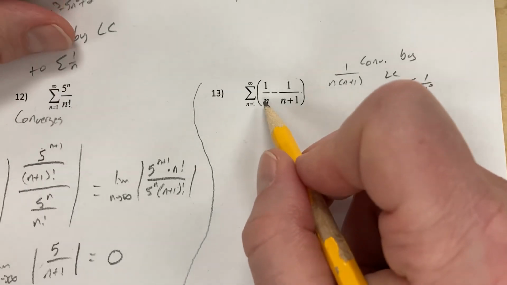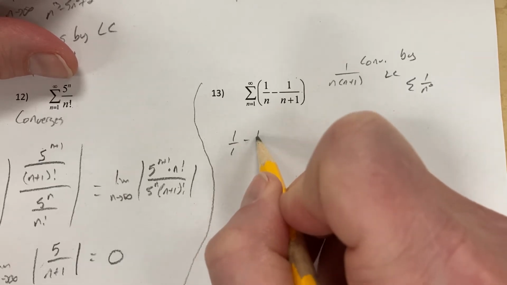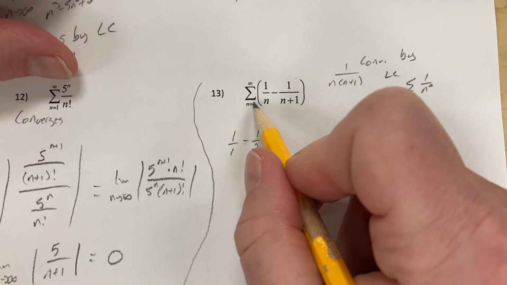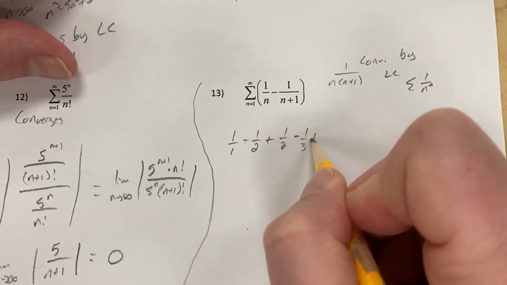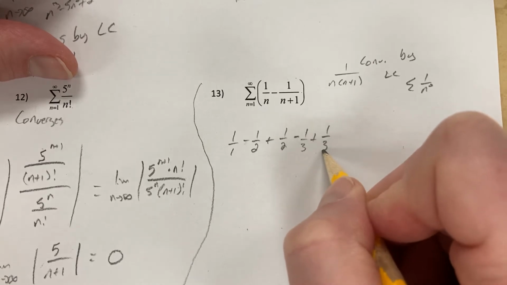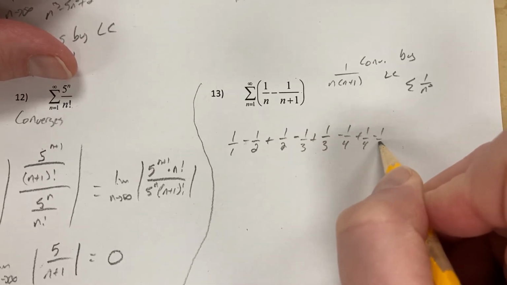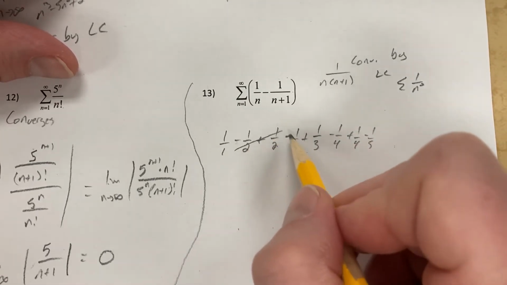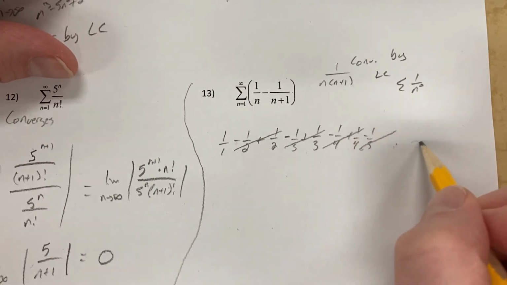But I wanted to show you a cooler idea here. If you were to put 1 in, you're going to get 1 over 1 minus 1 over 2. Then put 2 in, and you'll get half minus a third. Then put 3 in, then put 4 in, and what you start to notice is that we've got a bunch of canceling here, and that canceling won't stop, right?